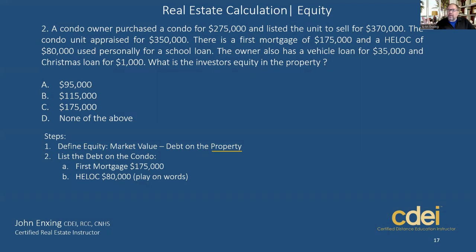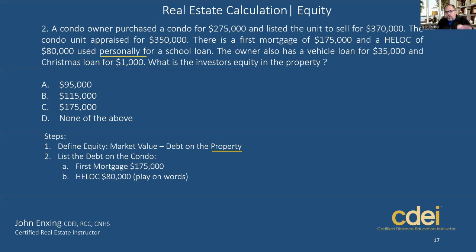It doesn't matter what you use the money for. You can use it for anything. It's the actual loan that's against the property. It's the lien against the property of $80,000, the home equity line of credit, that's going to be used personally for school loans. So that is part of the debt. That's the play on words you've got to look out for.